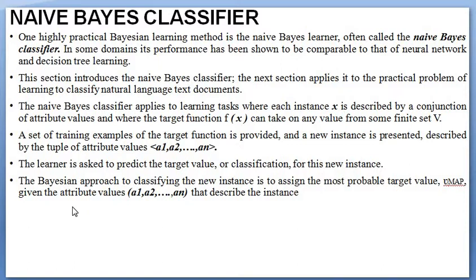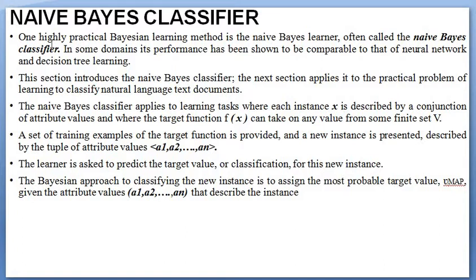You already know what classification is. Naive Bayesian classifier is very helpful to classify if a large set of inputs is there, then we classify on particular attribute values to reach our target function. As you can see here, one highly practical Bayesian learning method is the Naive Bayes learner, often called the Naive Bayesian classifier.